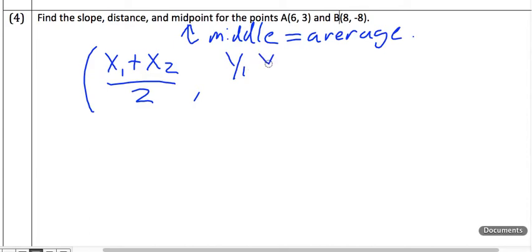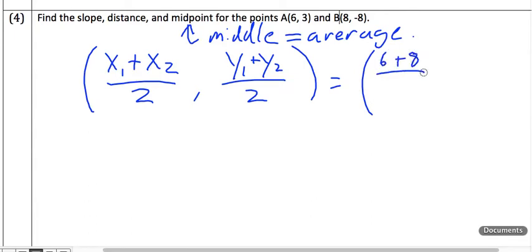And y1 plus y2 divided by 2 will be the average for y. So the reason the midpoint formula does what it does is because the word middle is pretty much the same as the word average in this case. So x1 plus x2 means 6 plus 8 divided by 2. y1 plus y2 means 3 plus negative 8 divided by 2.